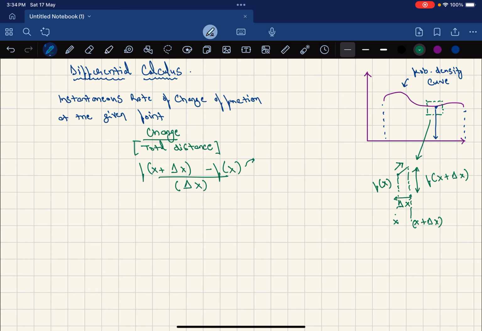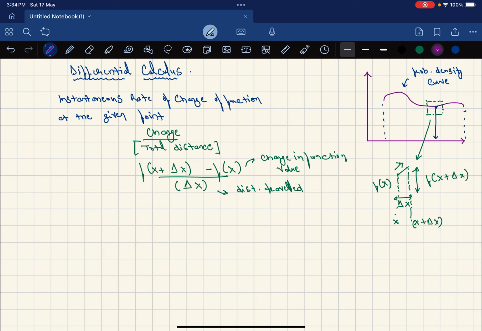So this is the change in function value, and this is the distance traveled for that change. So we are dividing the total change in the function value by the total x value that we have moved to get the required change.